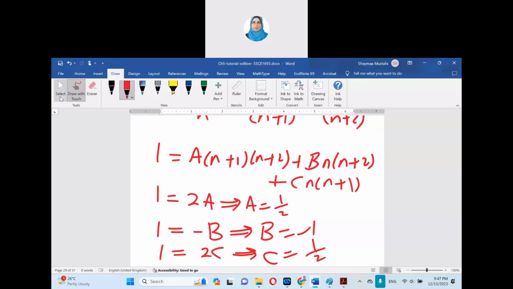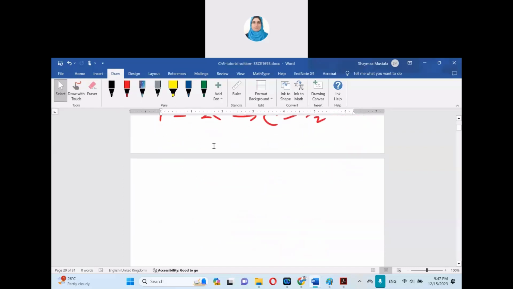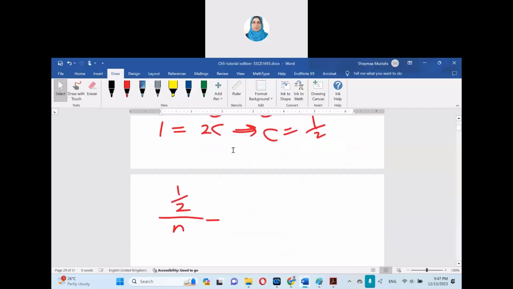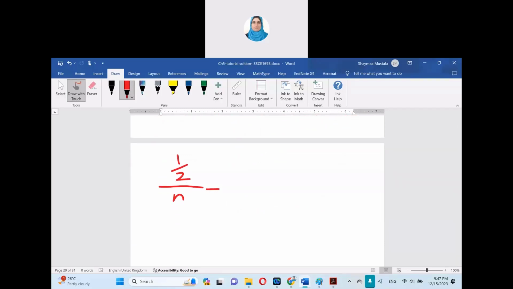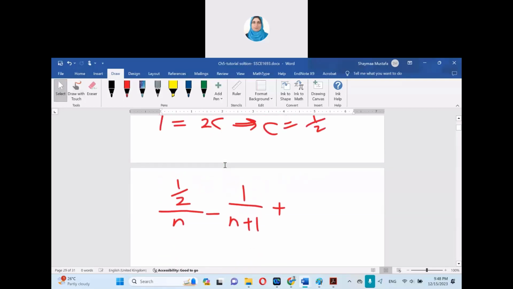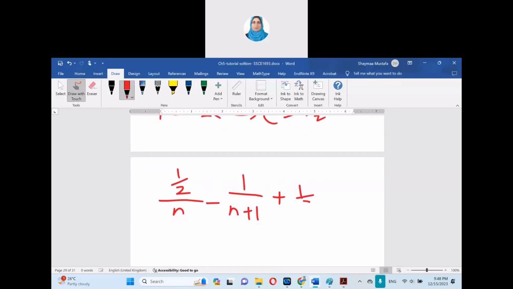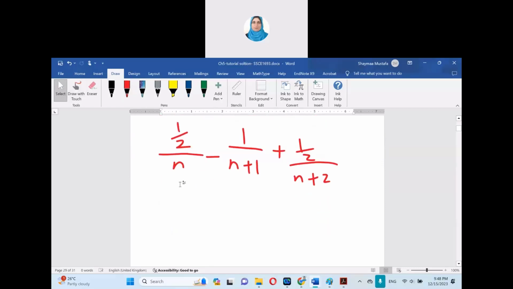So the series that you have is 1 over 2n, minus 1 over n+1, plus 1 over 2 times (n+2). Then you need to write the terms of each series.